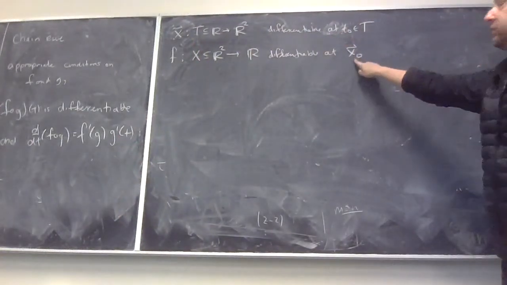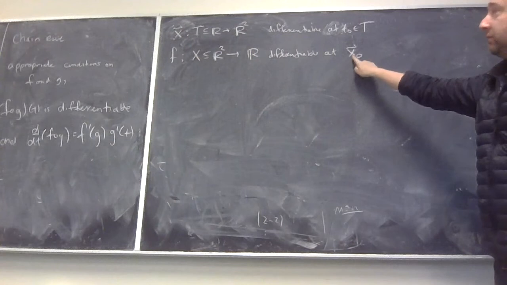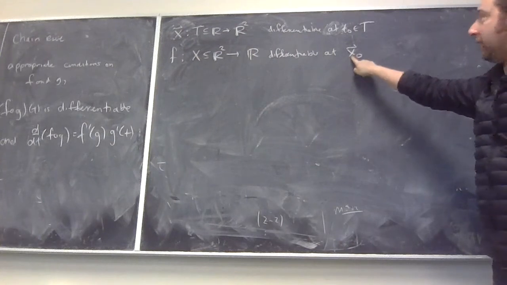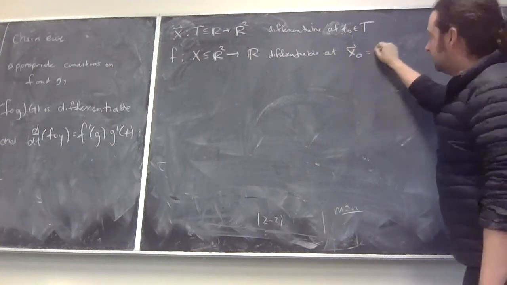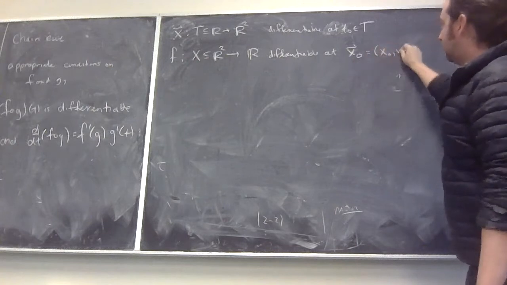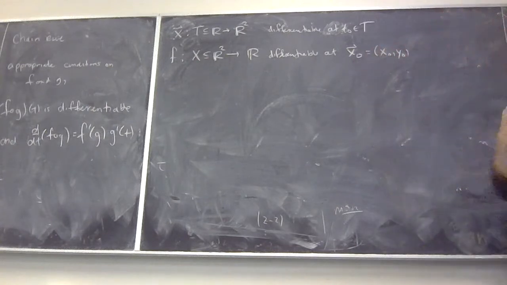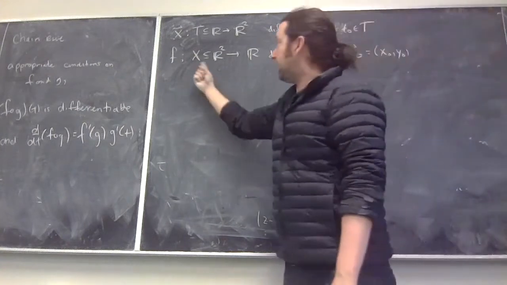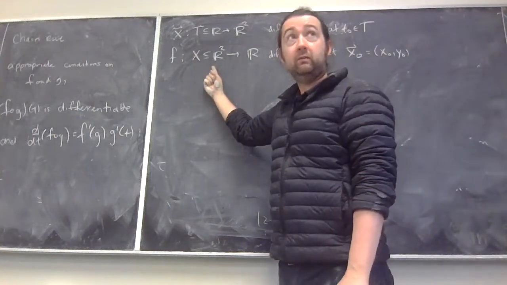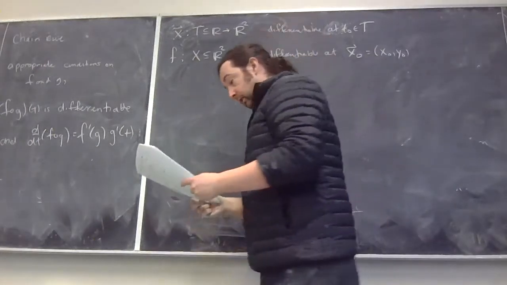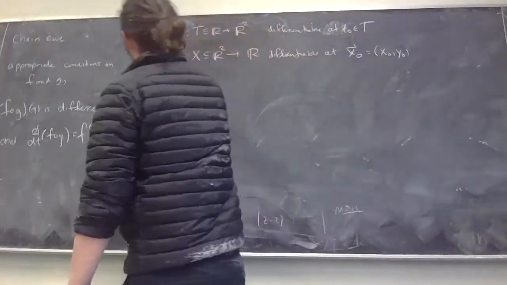Okay. So by this notation, we're going to have to be a little bit careful about what I mean here. When I say X naught as a vector, I mean in this case an (x naught, y naught). Okay, so I'll try to specify whether I mean a vector or not. F is differentiable at a vector entry because its domain is a vector valued domain. And then we have to make all these other assumptions too.